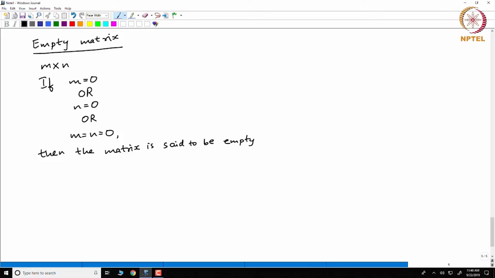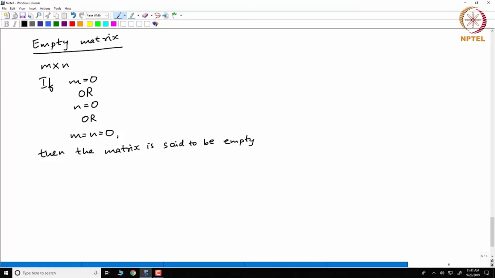Now, at this stage, it's not clear what is the difference between a matrix which has 0 rows and 1 column and 0 rows and 0 columns. It becomes clear only when we consider some special cases. So, right now we will just accept that number of rows can be 0, or number of columns can be 0, and both can also be 0. Everything is possible.